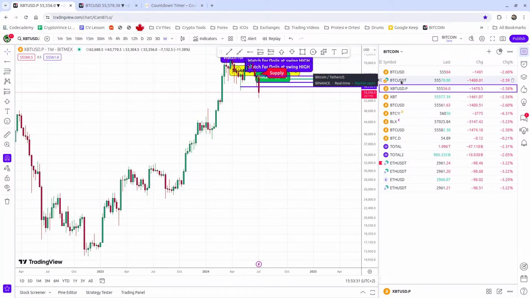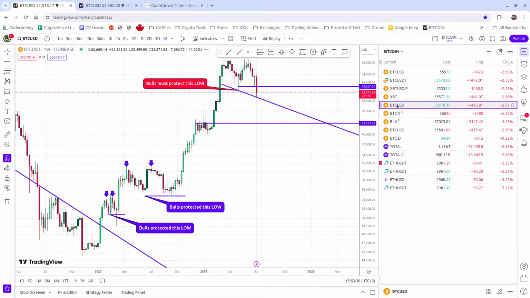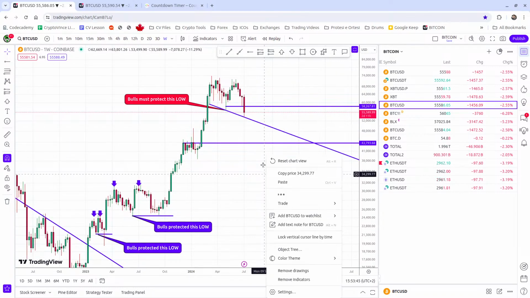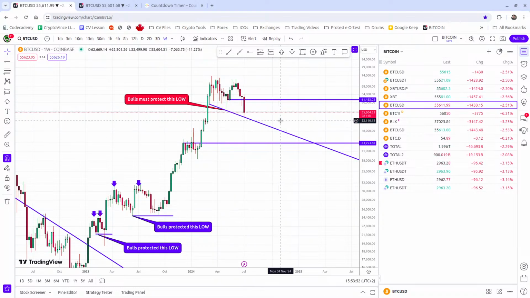So where can it go? Let's talk about that. If it starts to go up, we know the level to watch already. For sure that level 61 would be a major point to see if this will make a swing low, go back up, make a lower high, and then keep the bearish momentum.